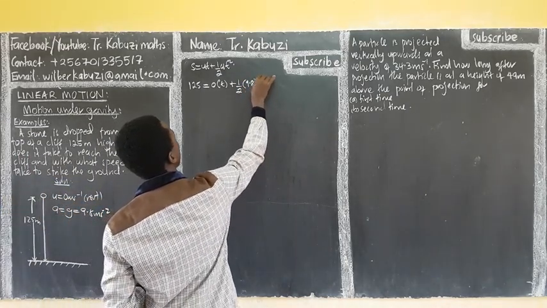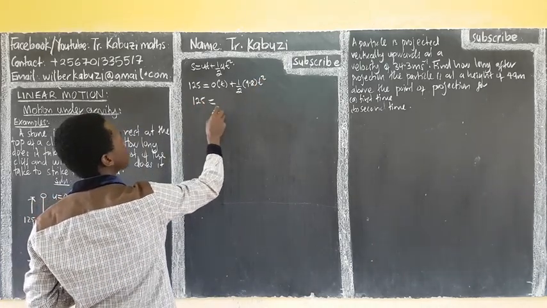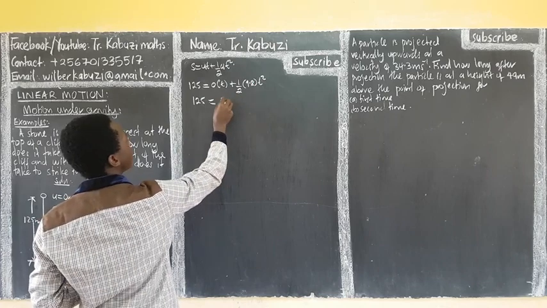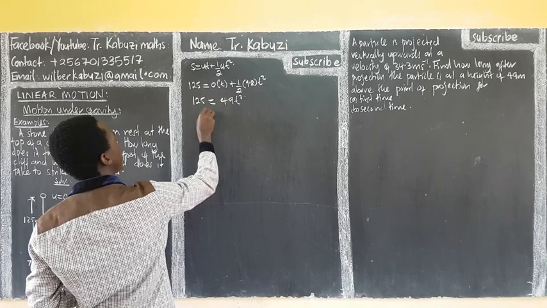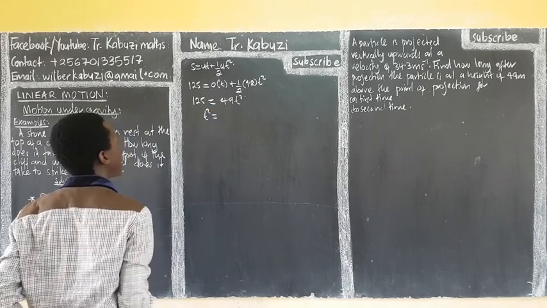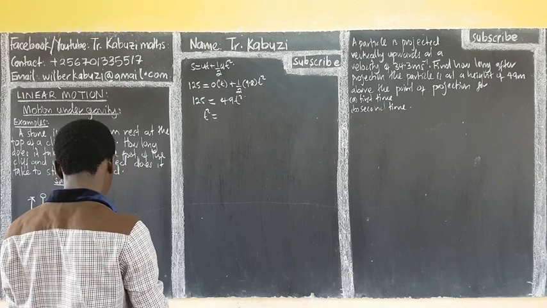9.8, then t squared. So from there, I have 125 equals half of 9.8, we get 4.9 t squared. So t squared will be this divided by that.